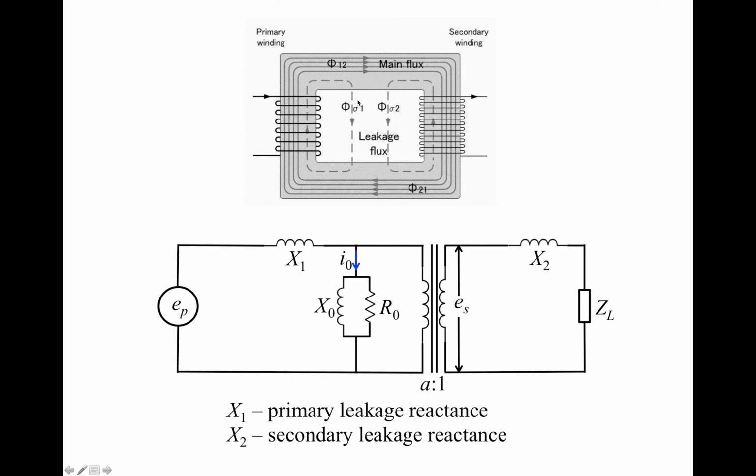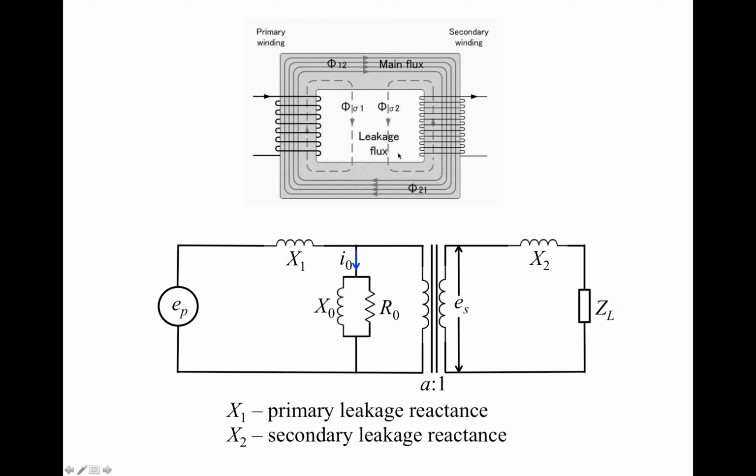And on the secondary side, if it's connected to a load, current flows in the secondary coil, and that induced current is going to create its own magnetic field. And that magnetic flux is also going to have leakage. It's not all confined into the core either.